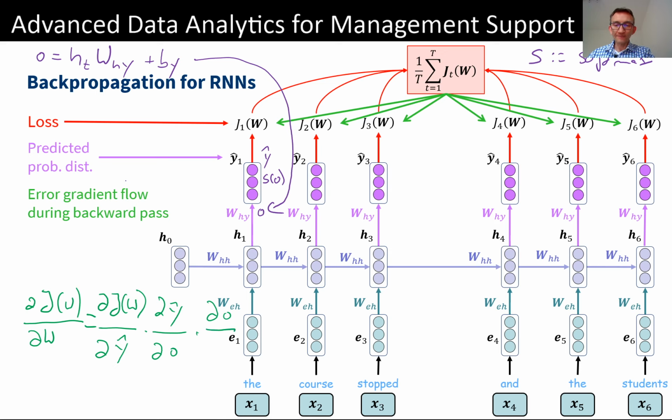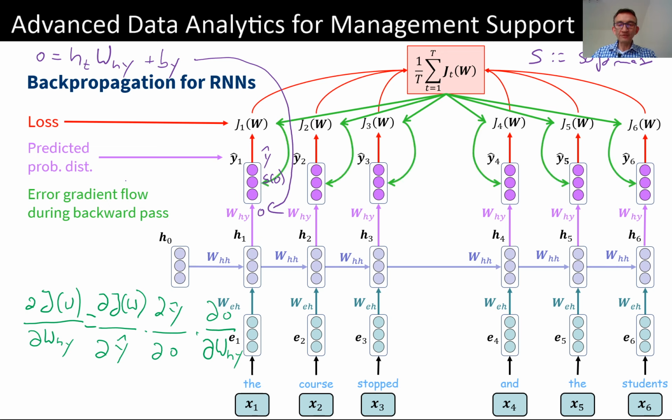So we have this bit with regard to delta W_hy. If we are only interested in updating the weights in W_hy, that's all we need. And this is exactly the derivative that we were using previously in backpropagation.